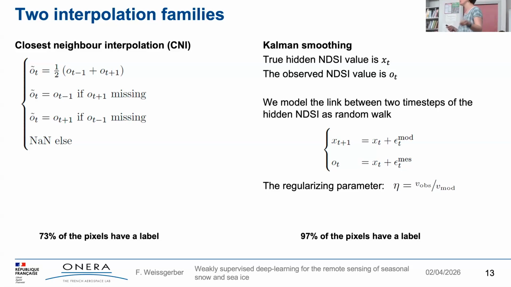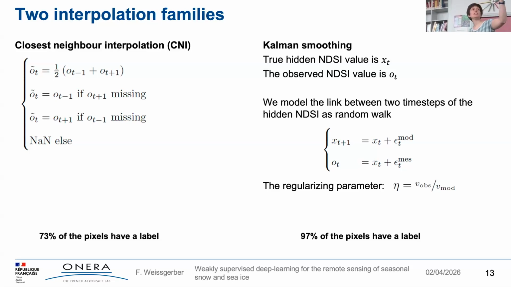And the other interpolation is a Kalman smoothing. So in that case, we use the whole time series. We said that the change of the snow cover between two dates is linear, which is normally not, because generally when there is snowfall, we have a huge gap. So we add a noise, and depending on the variance of this noise, the snow cover can move or not. And on the observation, we also added a noise on measurement.